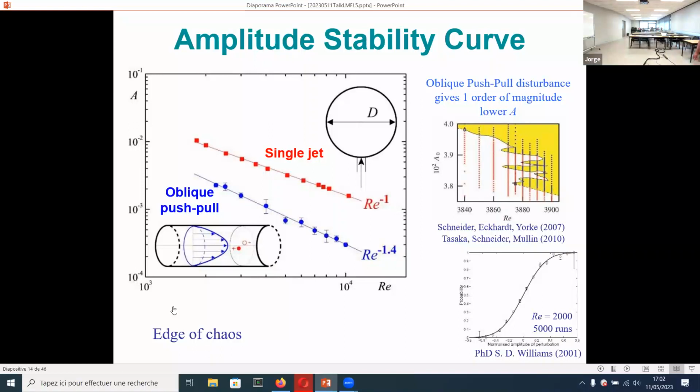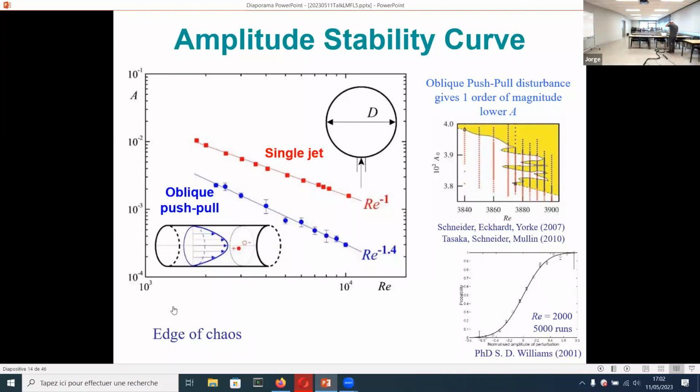In fact, when you do these oblique push and pull disturbances, you get a much more complicated phenomenon. You make a much more delicate addition to the flow, and this disturbance has to grow, and that's why you get a different scaling.